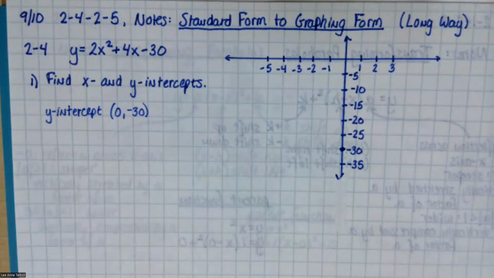Why are we noting that right now? Well, because I'm going to put it into graphing form. And when it's in graphing form, I'm not going to very easily be able to spot the y-intercept. I can now while it's in standard form. I want to say these words a lot, standard form and graphing form, so that you guys know exactly where we're at.